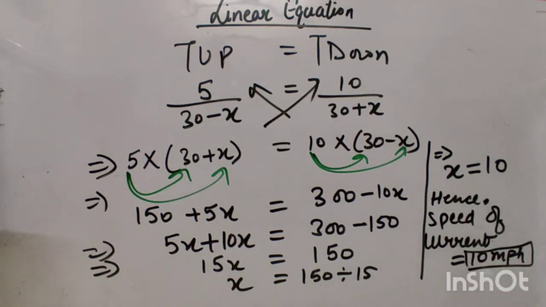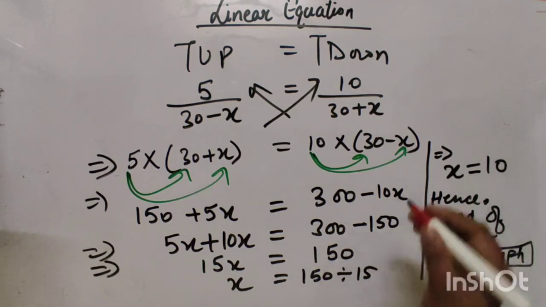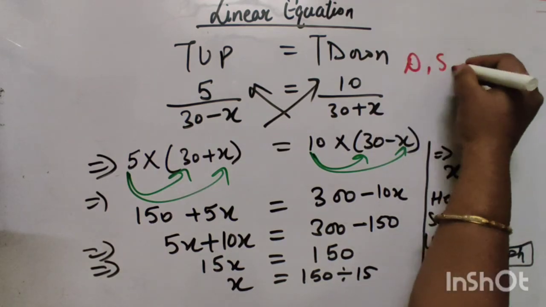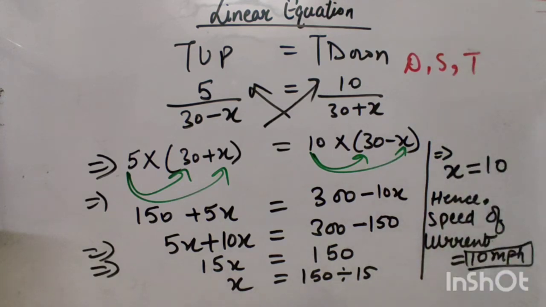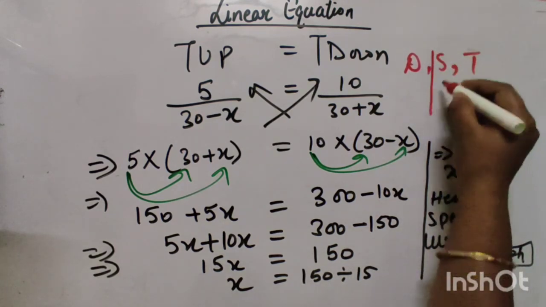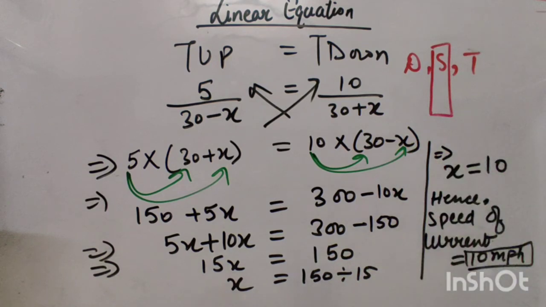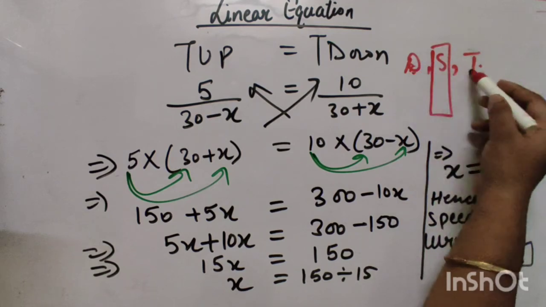So for any question which involves upstream and downstream, we always have to remember that three factors are always working here: distance, speed and time, right? First of all, we have to define the speed as per the upstream and downstream equations, whatever is given in the question, and then accordingly see which factor is given the same.